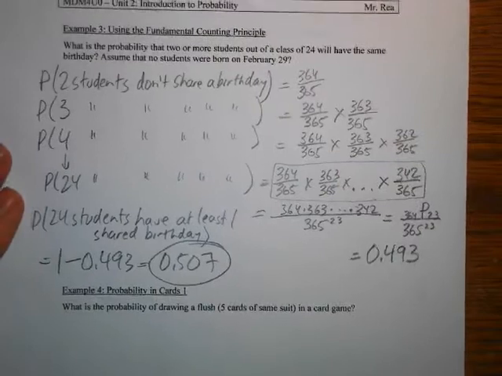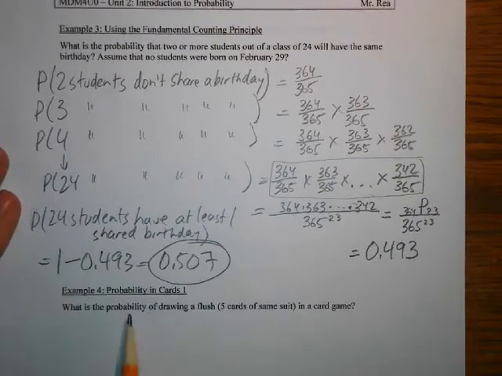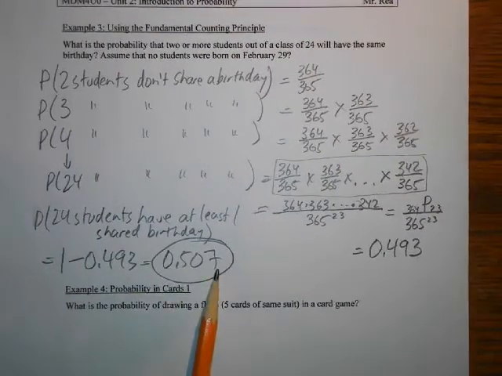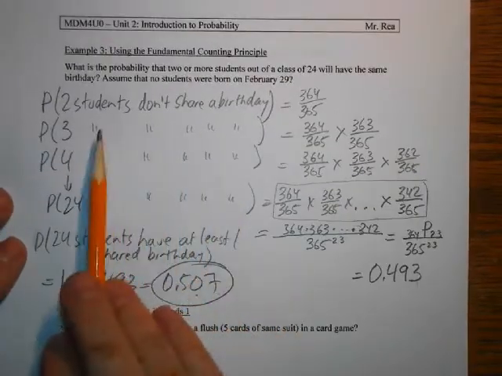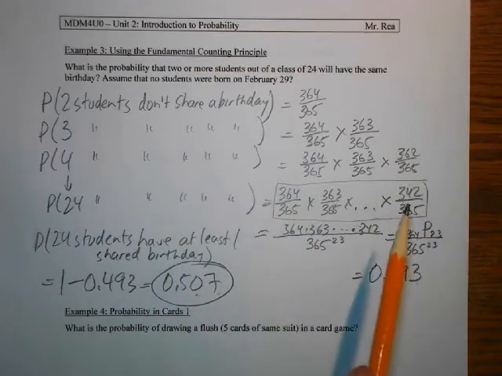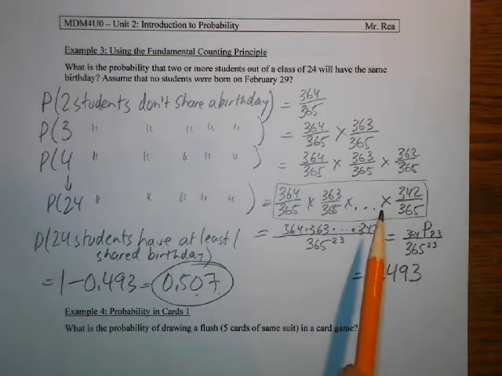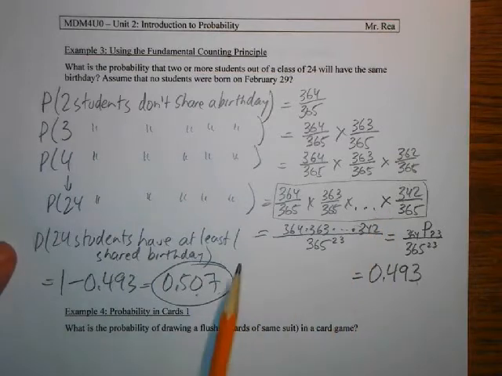So that's the probability we're looking for. The probability that in a class of 24 at least one birthday is shared is 50.7%, which is actually more than likely to happen. And as soon as you start adding more people to the class, if you had a class of 30, I don't remember the exact number, but it bumps up to maybe 55, 60%.